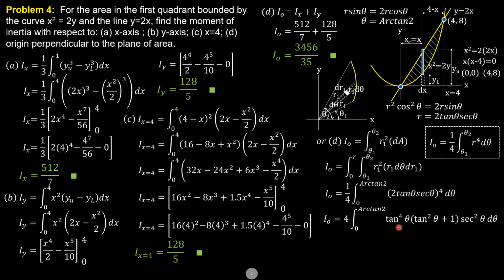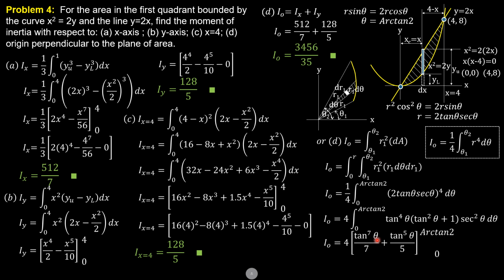Therefore, we have to evaluate u to the 6 du and u to the 4th du. So by just power formula, this is 4 quantity tangent to the 7 theta over 7 plus tangent to the 5 theta over 5 from 0 to arctan of 2.